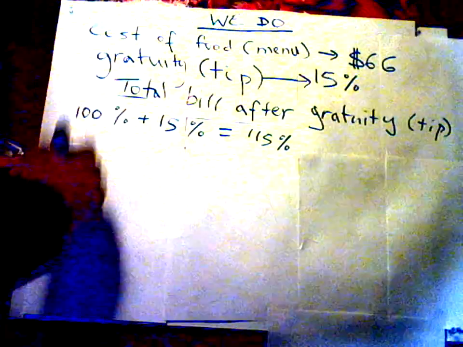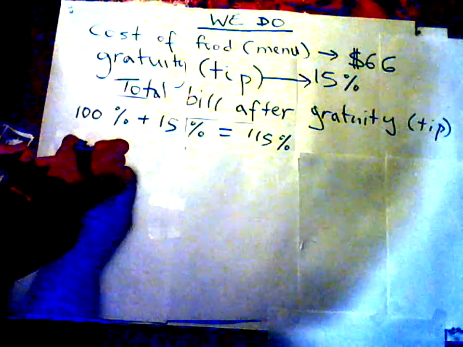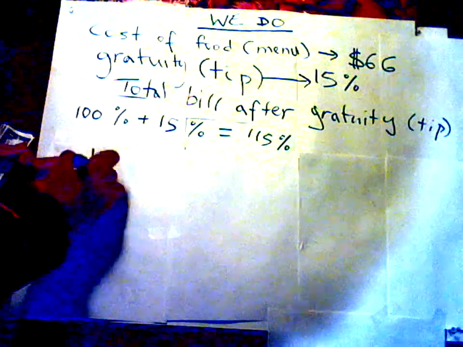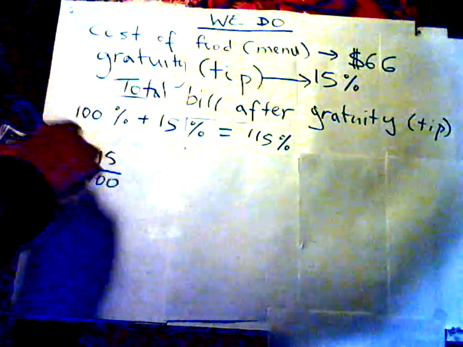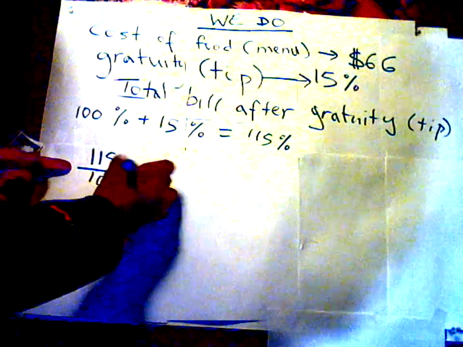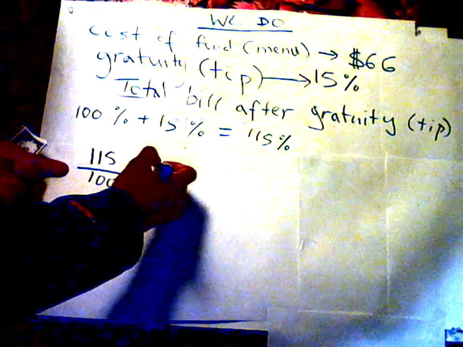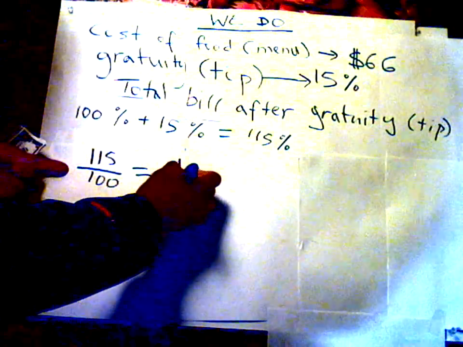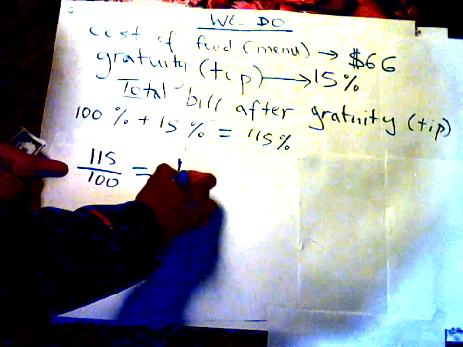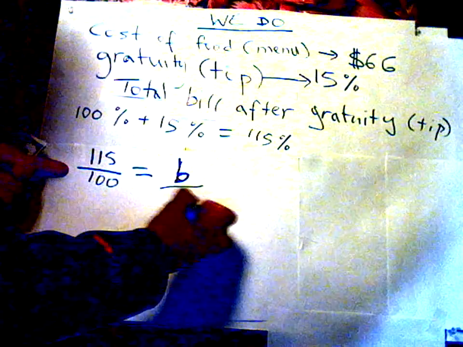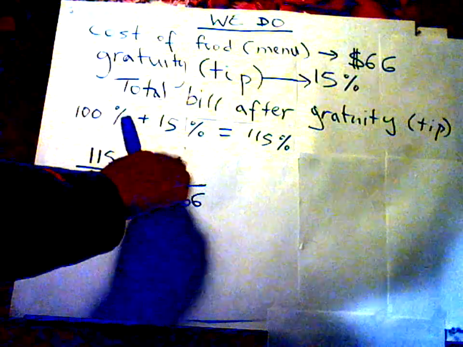So I can set up a proportion, and that proportion would be 115 over 100, because I'm paying 115%, is the same as my bill, which I'm trying to find out, divided by just the regular cost of the food, because the bill has to include the tip.